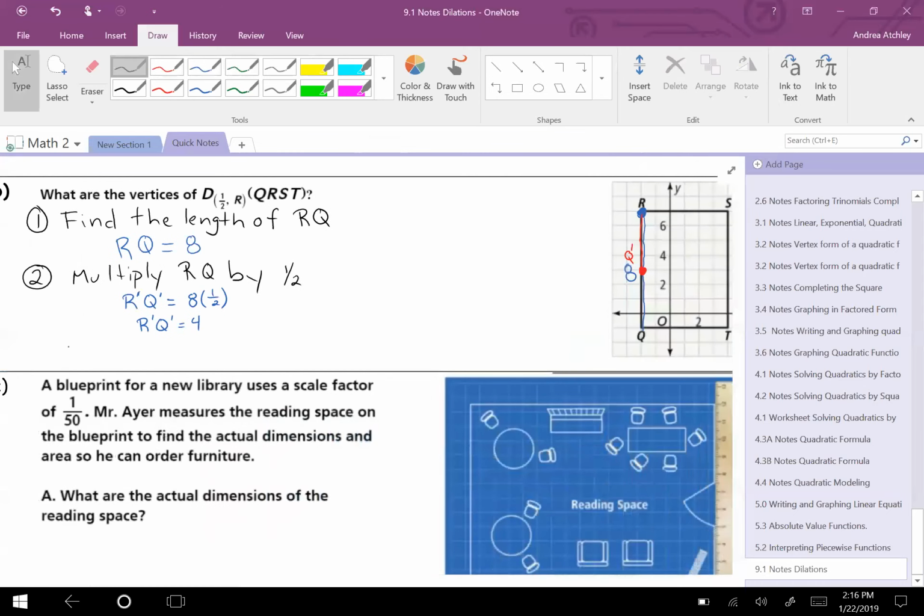Okay, step 3 is to repeat with RS, segment RS. Okay, so you guys find the same thing. Find where S prime should go.